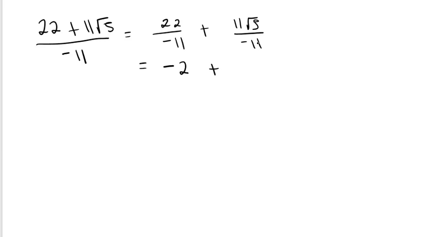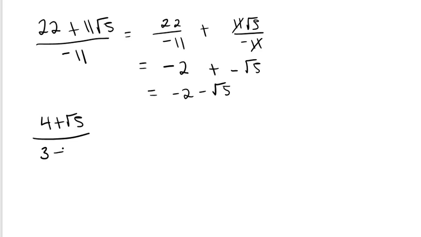Plus this 11 will also cancel this 11, and you are left with minus root 5. So this is the same as minus 2 minus root 5. So it means that 4 plus root 5 all over 3 minus 2 root 5 is equal to minus 2 minus root 5.